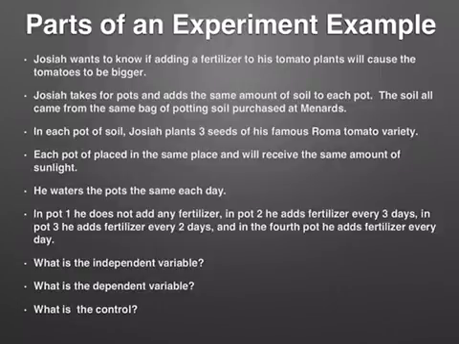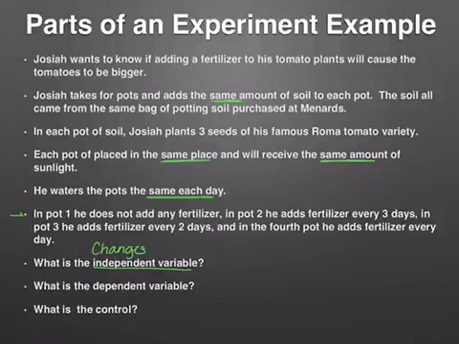So in this experiment, I'm wondering what the independent variable is. Remember, the independent variable is the thing that changes. So what in this experiment changed? When you're reading through, anytime it says the same, the same place, the same amount, the same each day, that's not changing because it's staying the same.